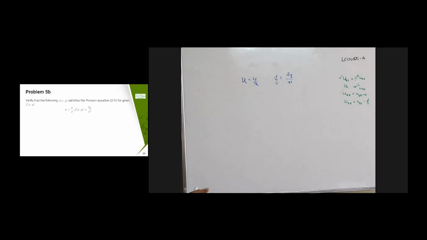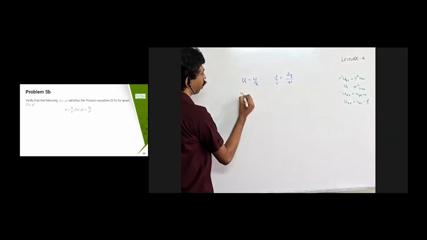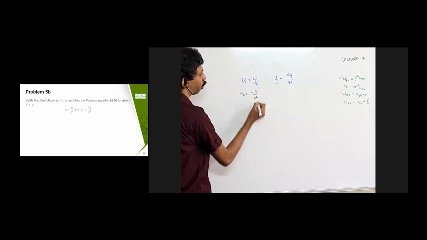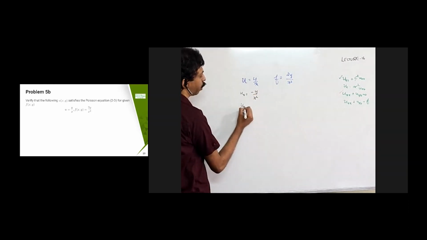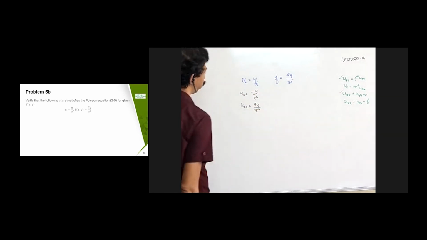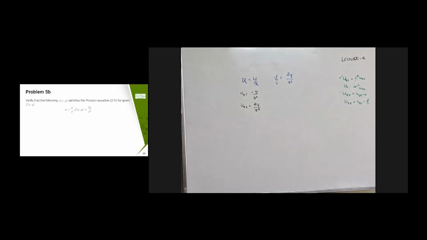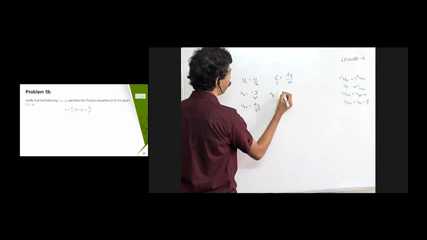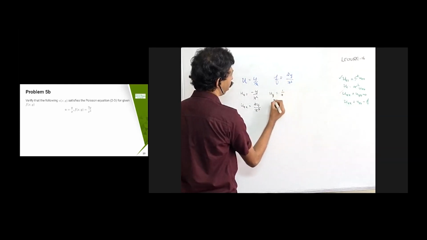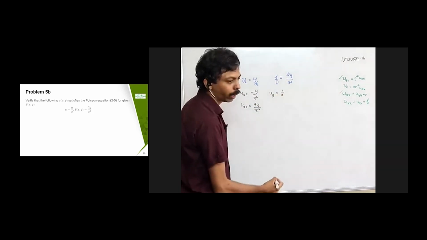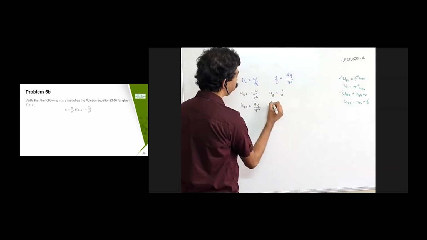Okay, so ux is going to become like minus y by x square. Okay, and then uxx is going to become like plus 2y by x cube. Yeah, and then uy is going to become like 1 by x, and uyy is going to become like 0.